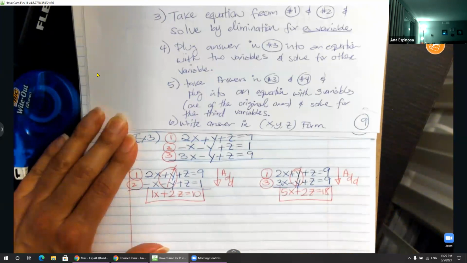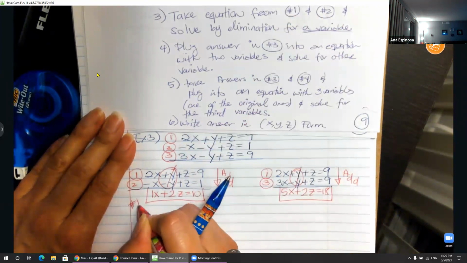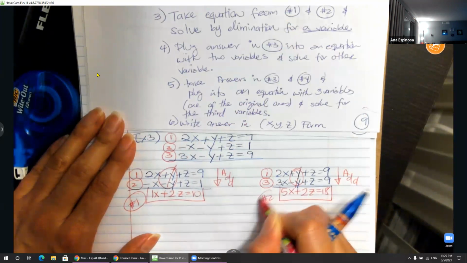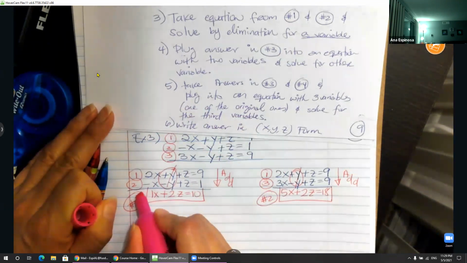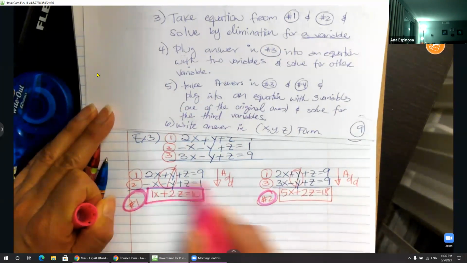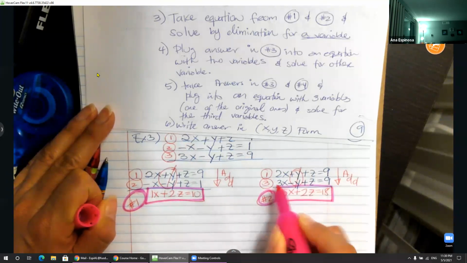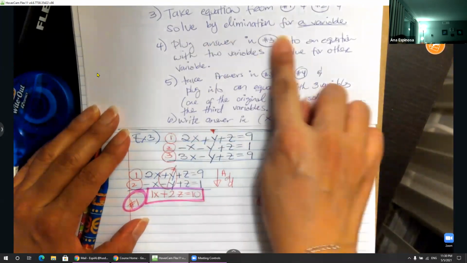Okay. Now you take equation from number 1 and number 2. So this is step number 1 and this is step number 2. I'm going to take these two equations. And it says you're going to solve by elimination for a variable.